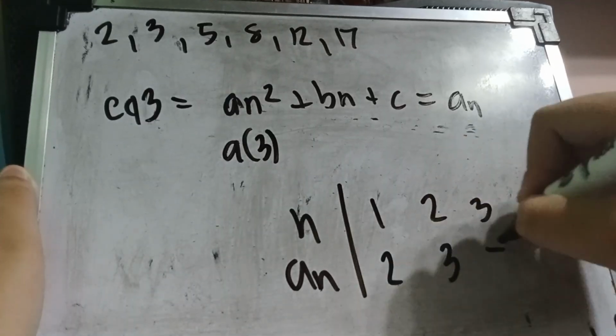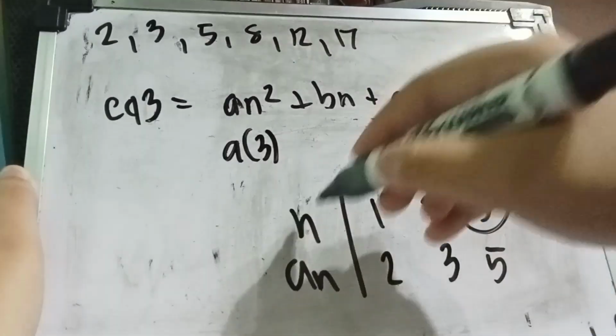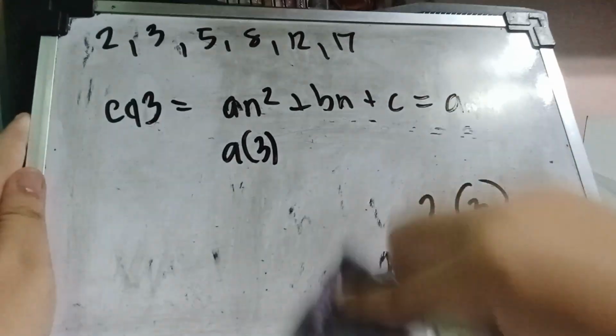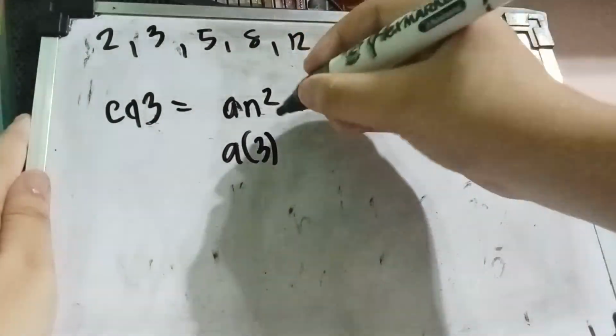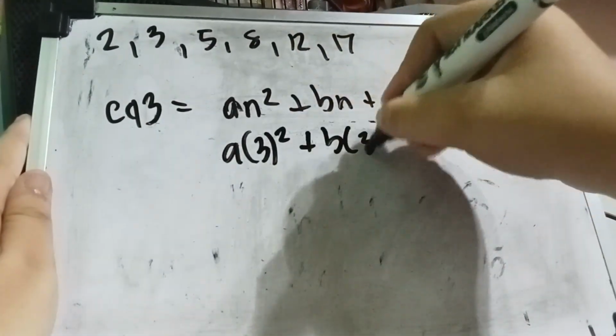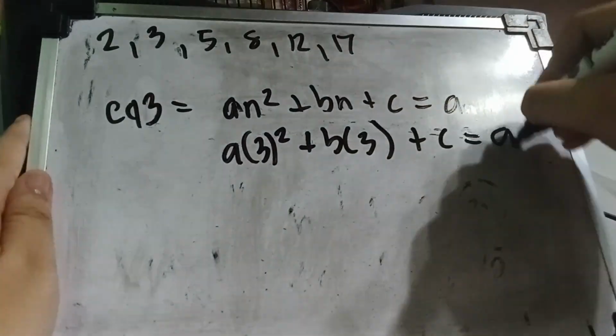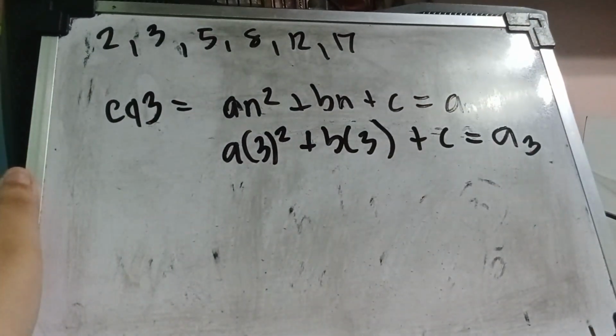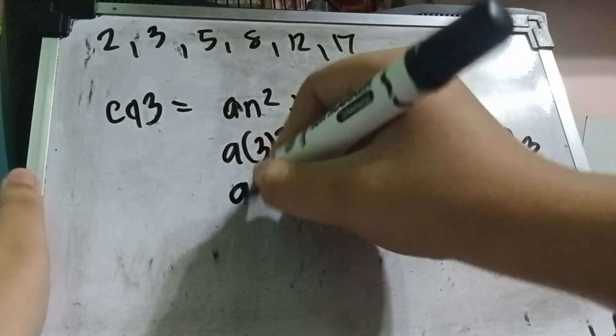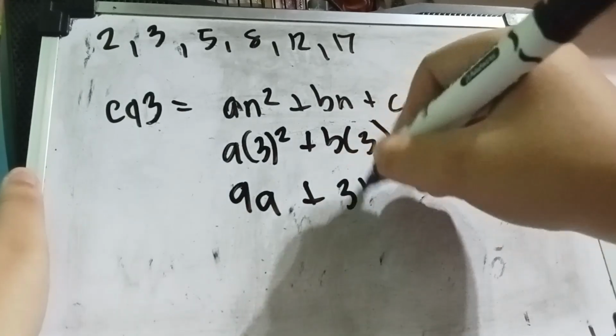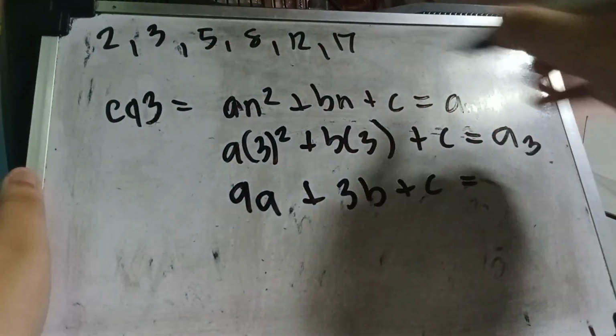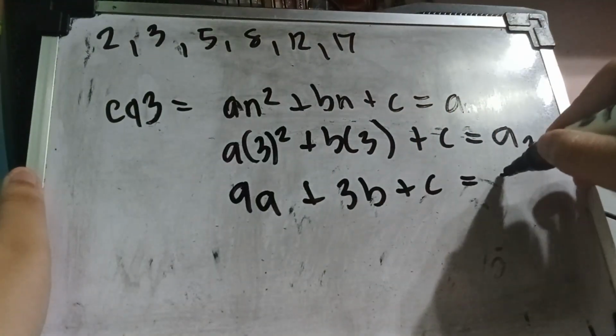Huwag yung sundin yung sinabi kong 5. Ito yung 3, kasi ito yung value ni n. Diba? So, papalitan mo lahat ng n ng 3. Okay. So, 3 squared is 9 plus 3b plus c is equal to 5.